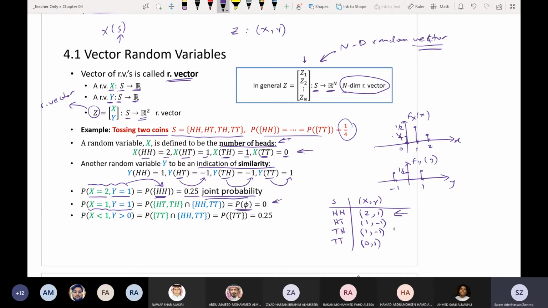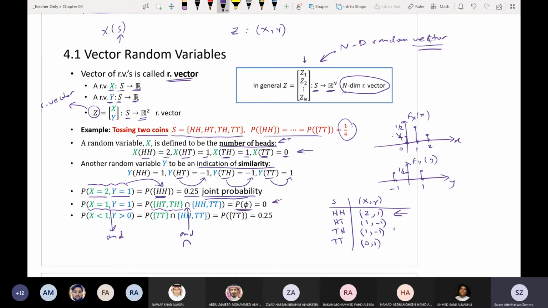Or you can look at it as the probability of X equals 1 and Y equals 1, which is the probability of the event underlying X equals 1. X equals 1 means we have head, tail and tail, head. Intersection, and means intersection, with the corresponding event for Y equals 1.